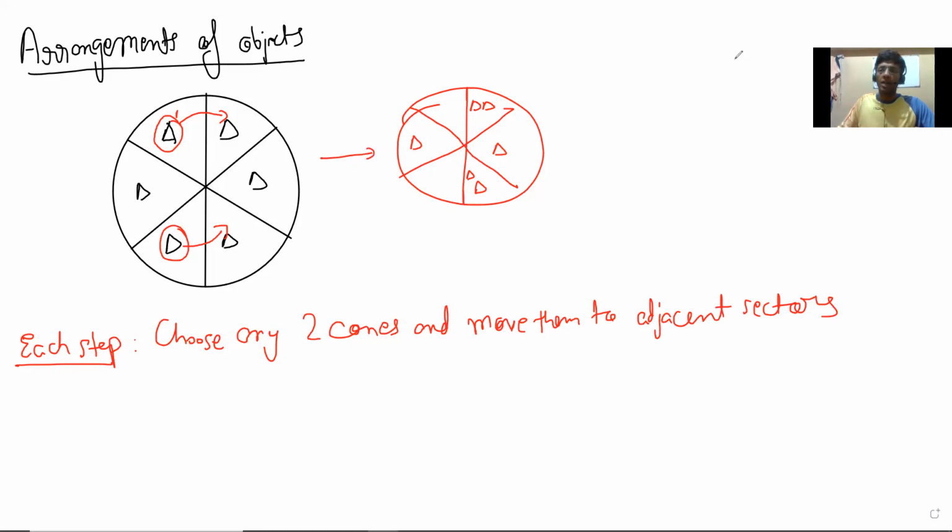Okay. Again, the nature of these questions is, can all the cones be collected in one sector? Yeah.